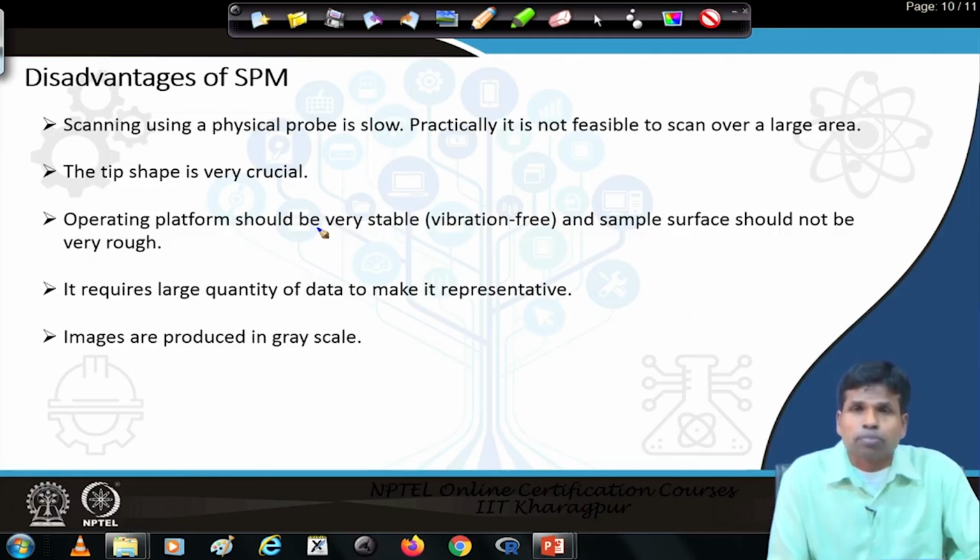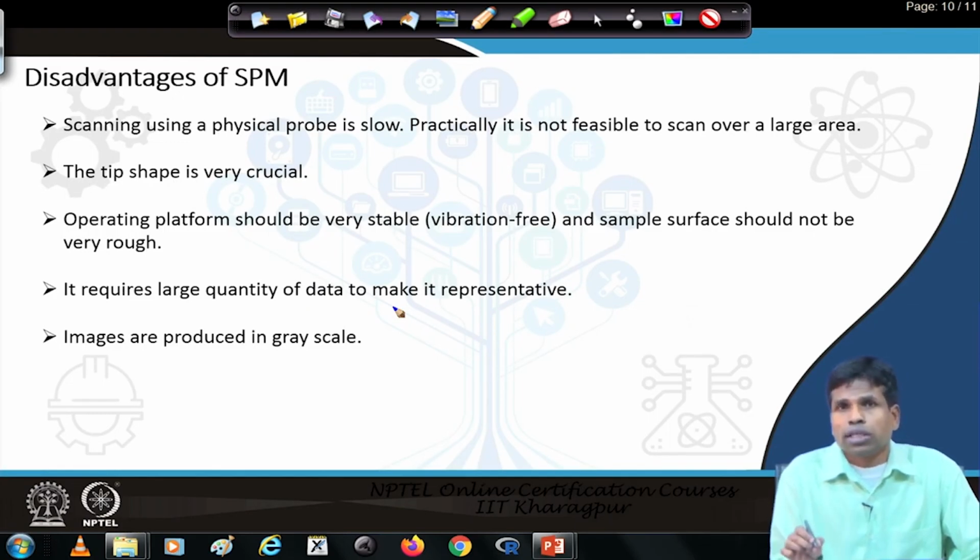So the operating platform has to be highly stable to get information on the specimen, and the surface should not be very rough. If the surface is very rough, it is not suitable to be studied under scanning probe microscopy. It requires a large quantity of data to be representative, because we are studying a very small area.